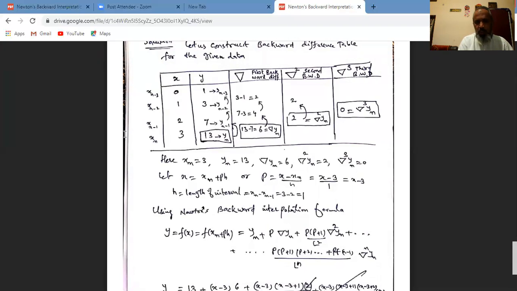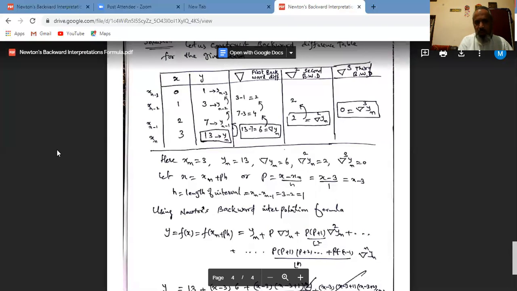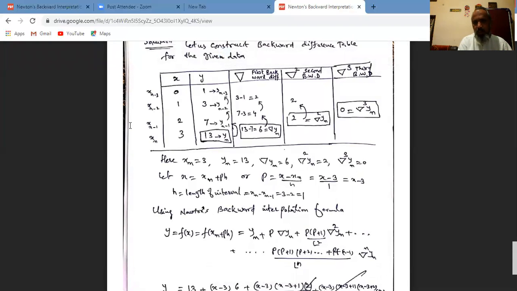So I think you understood Newton's backward interpolation formula. In the last class, we saw Newton's forward interpolation formula and problems on it. There is a slight difference. In Newton's forward interpolation formula, we have f of x is equal to y0 plus p into delta y0 plus p into (p minus 1) by factorial 2 del square y0, using forward differences.